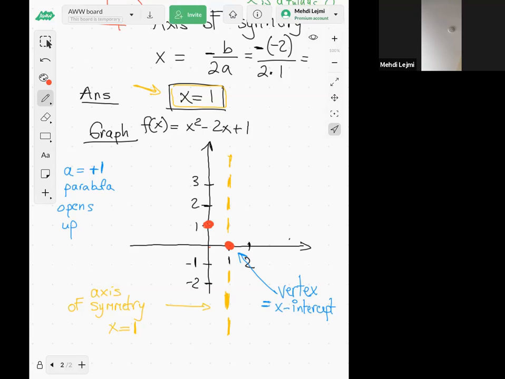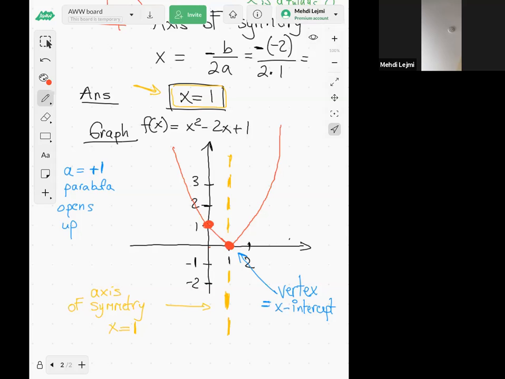So this is my vertex, and I'm going to go up here. And because I have this yellow line, my axis of symmetry, the graph should be symmetric about it. So on the other side of the axis of symmetry, we're going to have the same thing. That would be the graph of f of x.